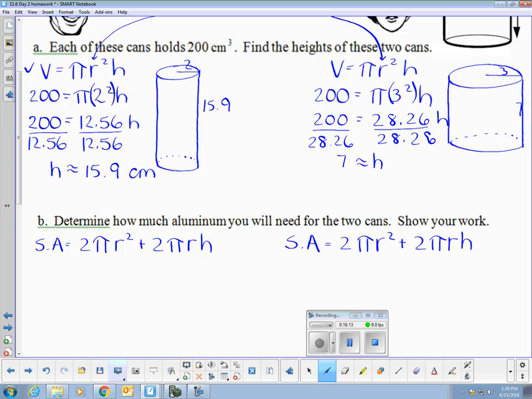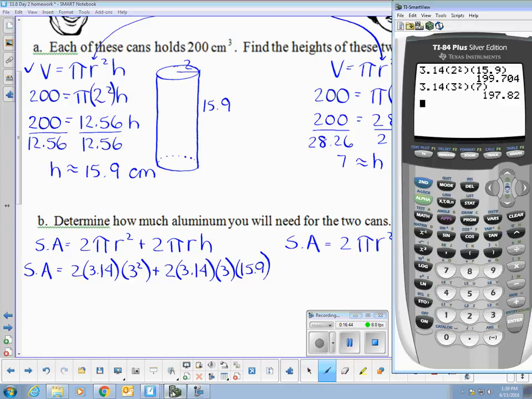All right, so let's take a look at our first can. Our first can has a radius of 3. And the first can has a height of 15.9. Okay, let's put all of this in.